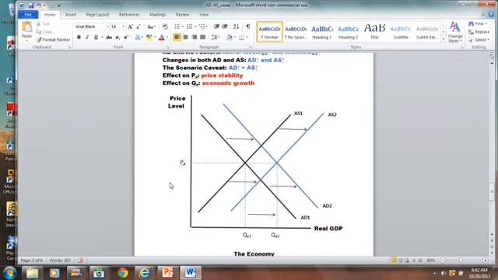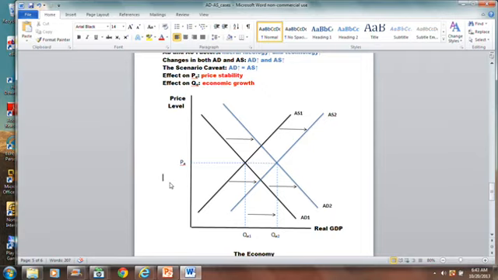So this is just another example of a combination case where both curves shift. We have precise information to determine how they shift relative to each other, and from that we can determine how macroeconomic equilibrium changes.